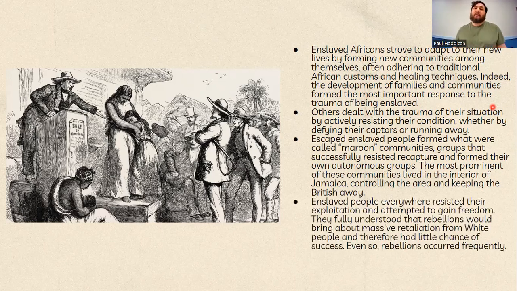But basically everywhere, almost every enslaved person, whether actively or not, is going to resist their exploitation as just a natural reaction to this inhumane way of treating a person, right?